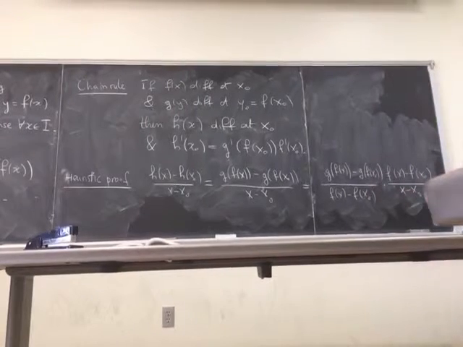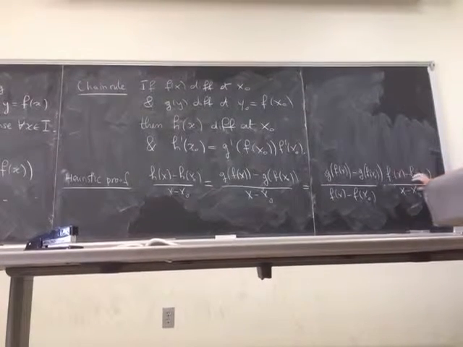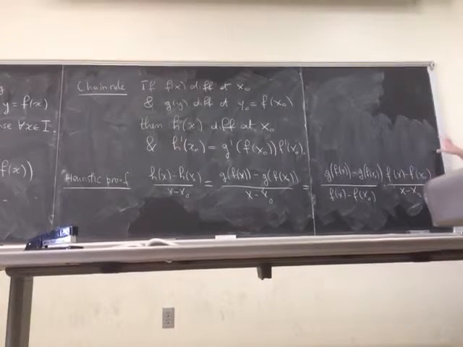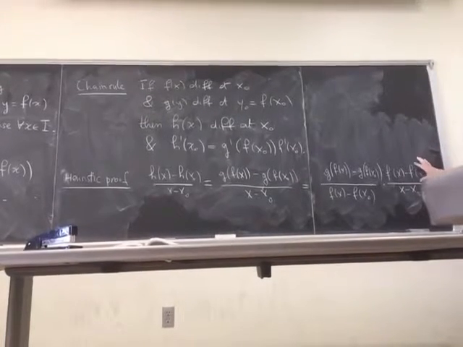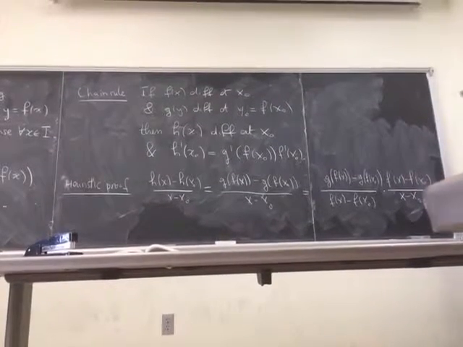And that's pretty much the proof, right? Because now, you see this guy, f of x minus f of x naught divided by x minus x naught, that's exactly what I know well, right? That's just an incremental ratio of f. This is going to f prime of x naught.